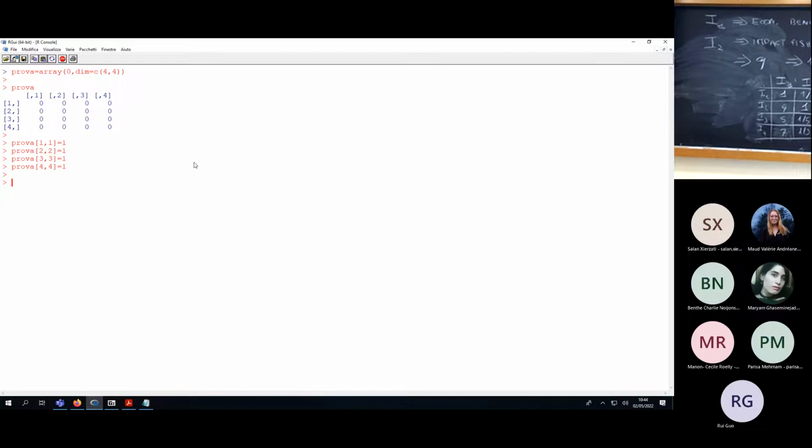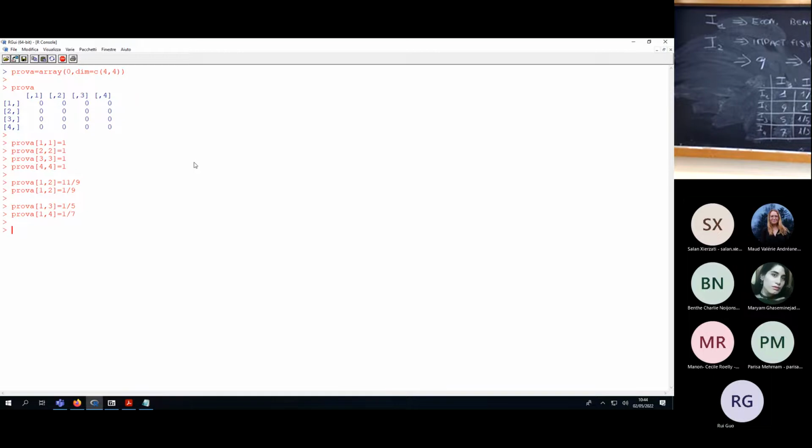Good. Now let's pass to prova 1 which is 1/9. Oh, sorry, I made a mistake. I just corrected it, okay? I just overwrote what I had written. Prova 1/3 is 1/5. And prova 1/4 is 1/7.